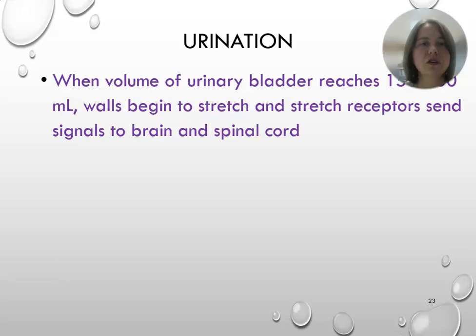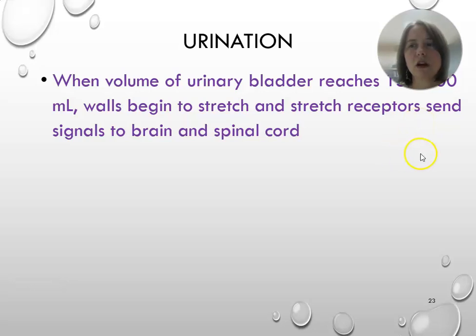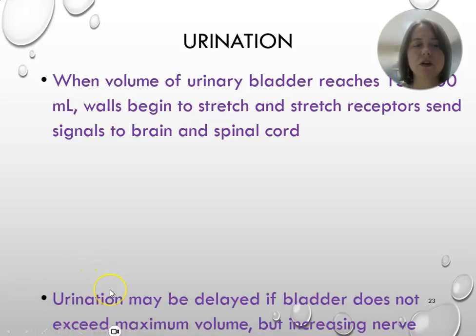All right, so some other fun things. When the volume of the urinary bladder reaches about 150 to 400 milliliters, so about 1 to 3 cups, the walls begin to stretch, and the stretch receptors send signals to the brain and the spinal cord.